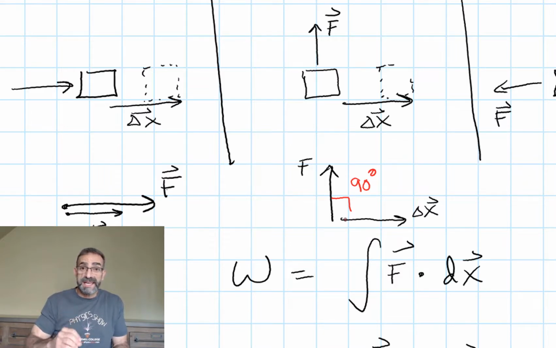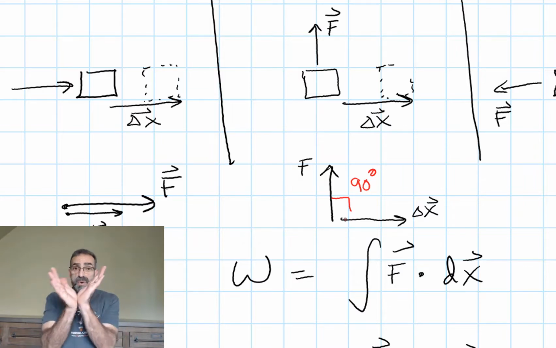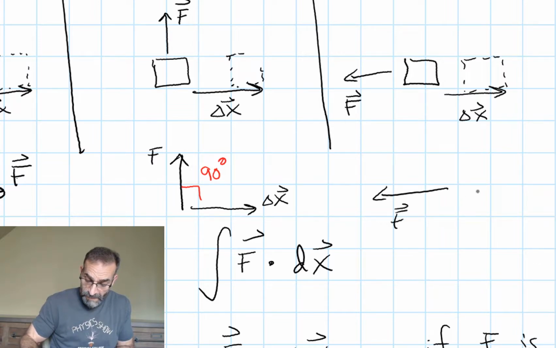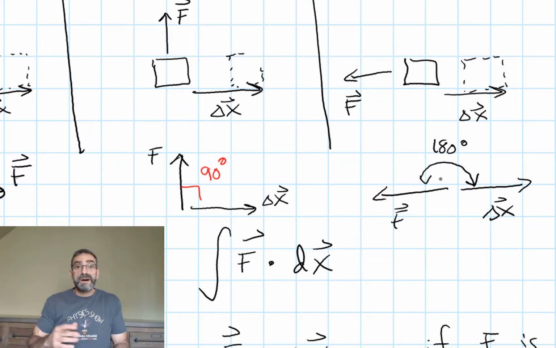So the work done in this case was 0. And if the angle is more than 90 degrees, like it is over here, the cosine is going to give us a negative number. Cosine of 180 is negative 1, so this one would be negative F delta x.